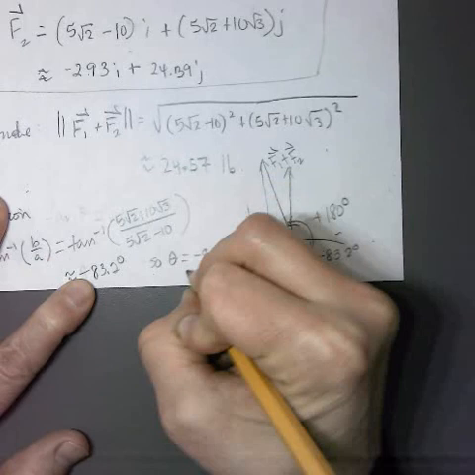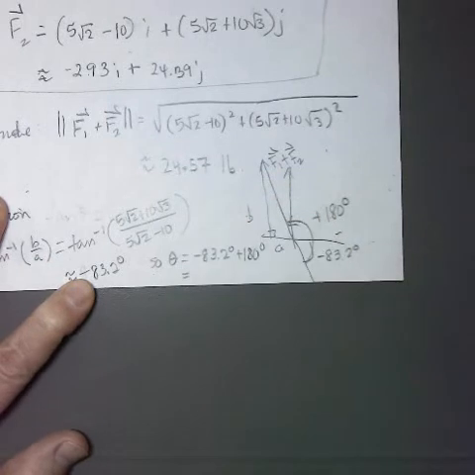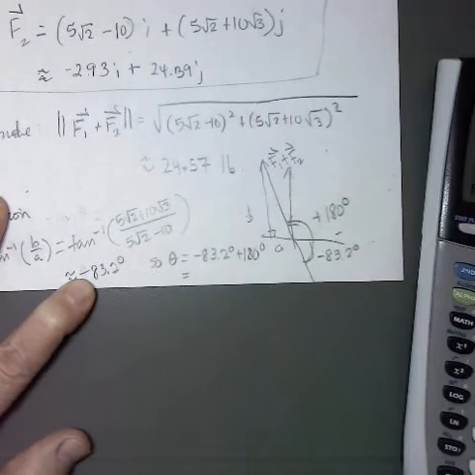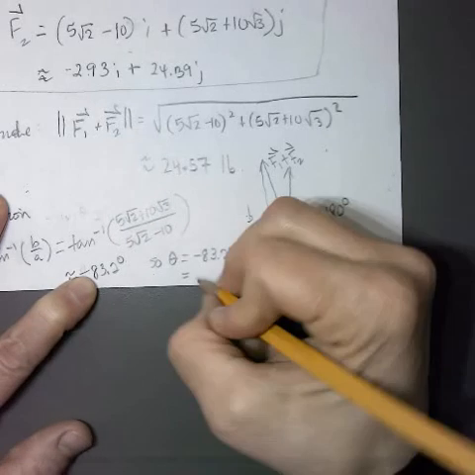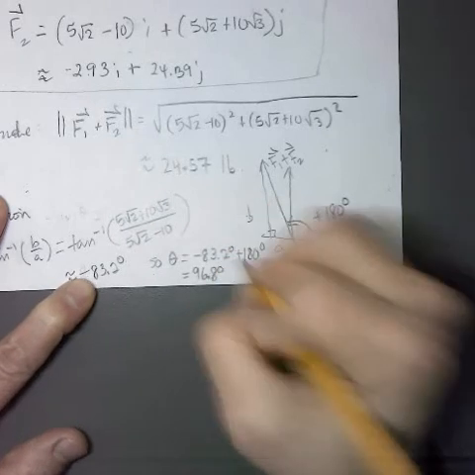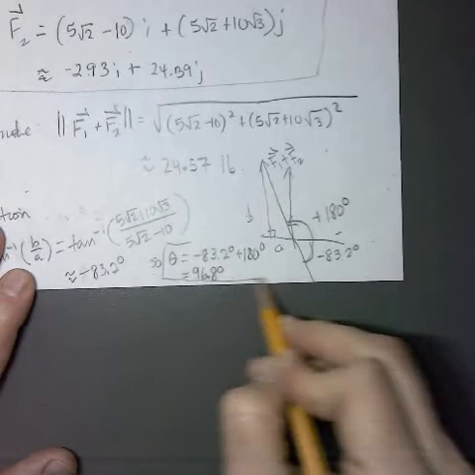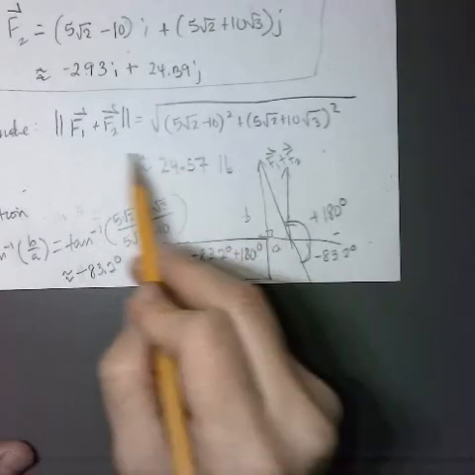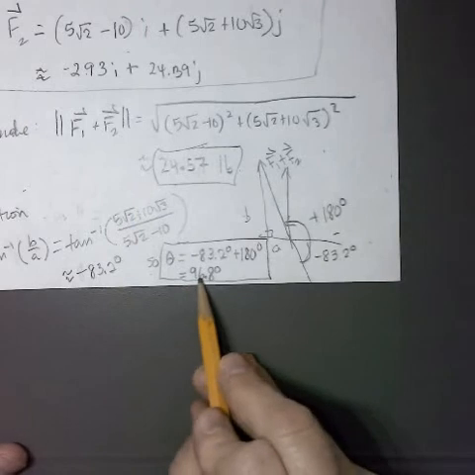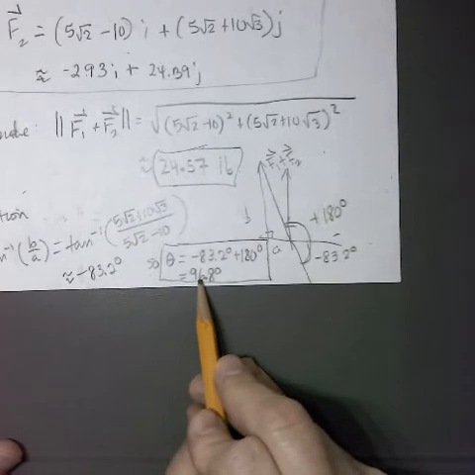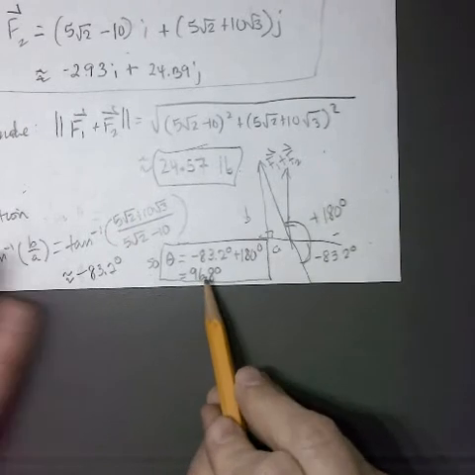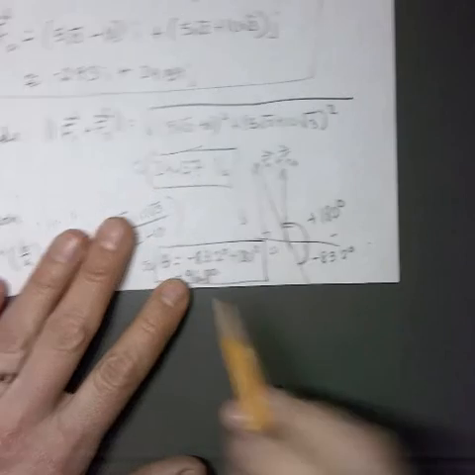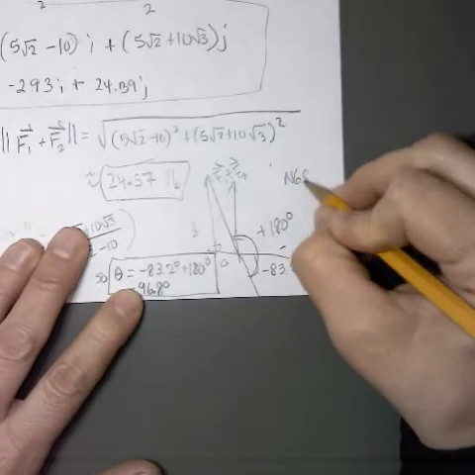And then plus 180, 96.8 degrees. And of course, if we were using bearings, we would do north 6.8 degrees west, because we're 6.8 degrees past 90.